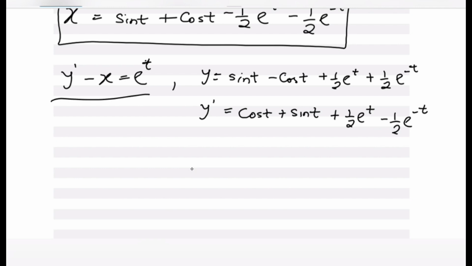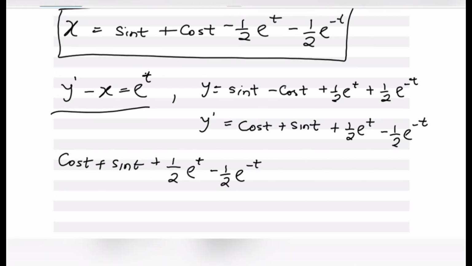We're going to have cos t plus sine t plus 1/2 exponential t minus 1/2 exponential negative t, and then minus x, and these are x, so this will be minus sine t minus cos t, negative will give us plus 1/2 e^t plus 1/2 e^(-t).